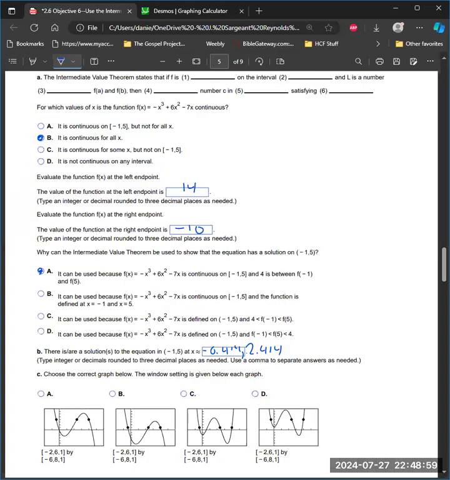And then that's exactly 4. So we'll call that 4.000 to keep everything to 3 decimal places. And let's see, -2 to 6 and 1.